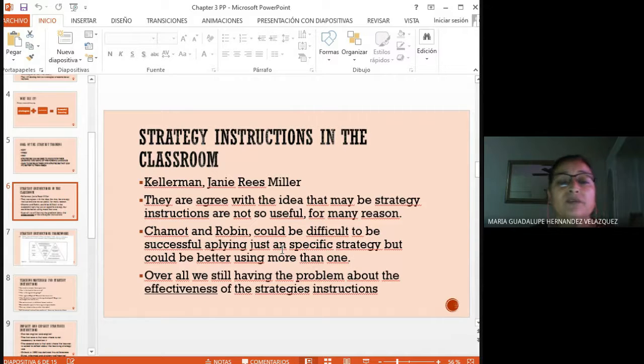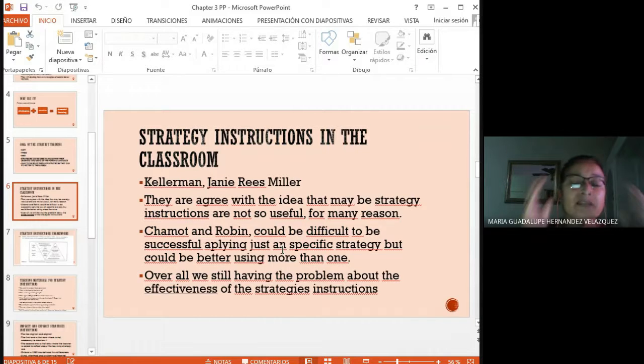Okay, strategy instruction in the classroom. According to Kellerman, Jenny, Reese, and Miller, they agree with the idea that maybe strategy instructions are not so useful for many reasons. And Chamot and Robbins say it could be difficult to be successful applying just a specific strategy, but it could be better using more than one.